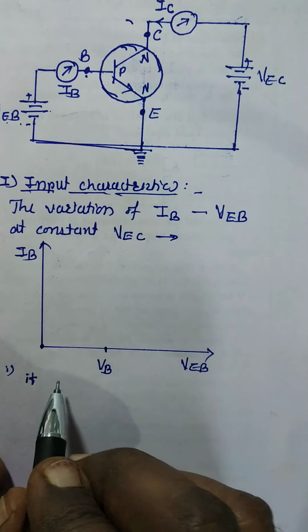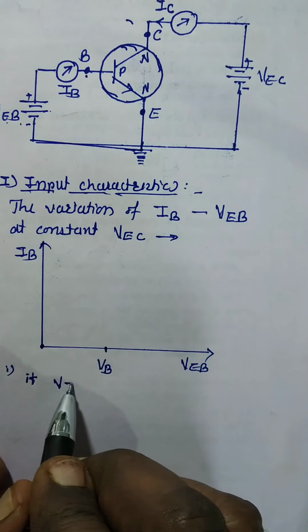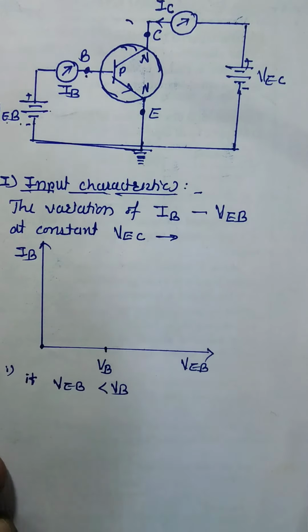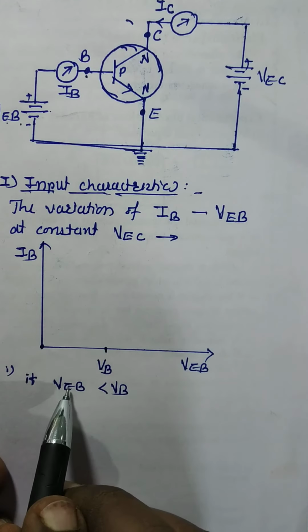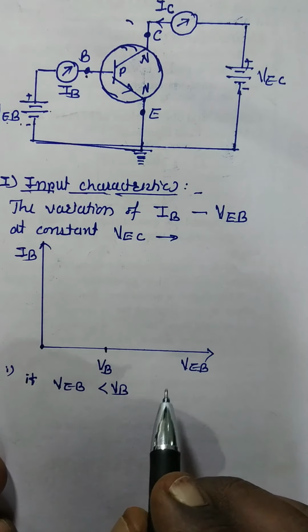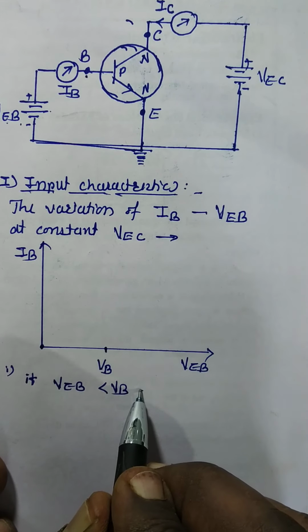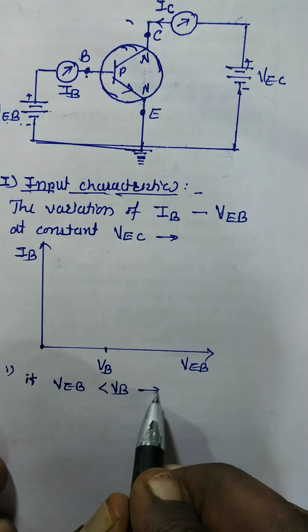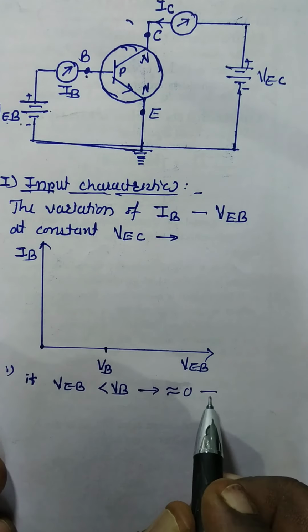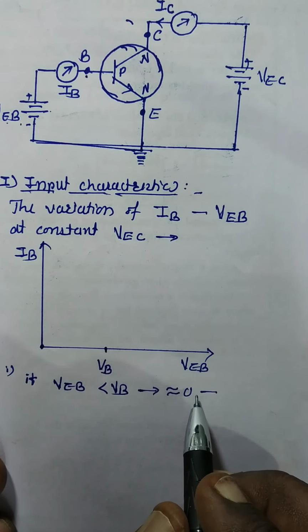If the potential between emitter and base is less than the barrier potential, then a very small current, nearly equal to zero, flows through the base.